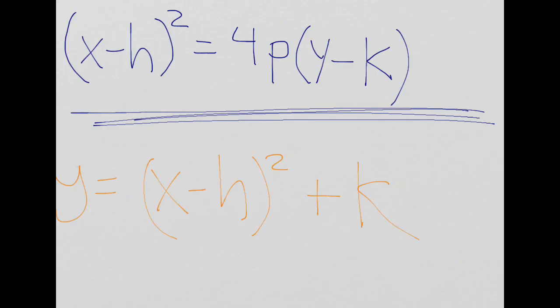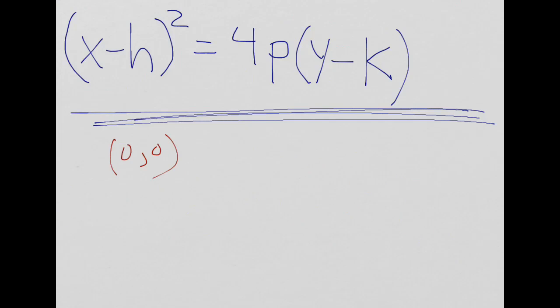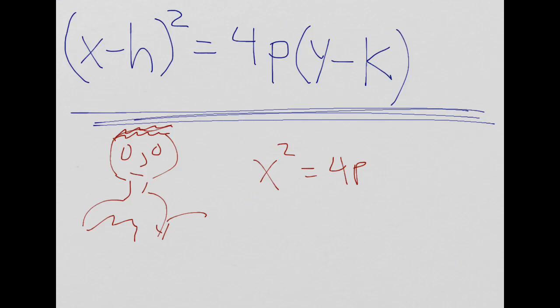First off, I would like you to recognize that if our parabola is centered at the origin, i.e. the point 0, 0, whoa, that looks like a face, that's cool. If our parabola is centered at that origin, then the equation is going to get very simple, and it's just going to go to x squared equals 4p times y.